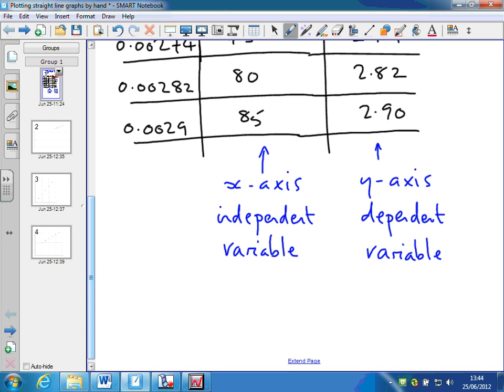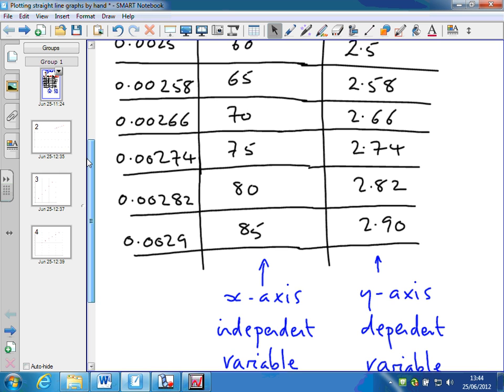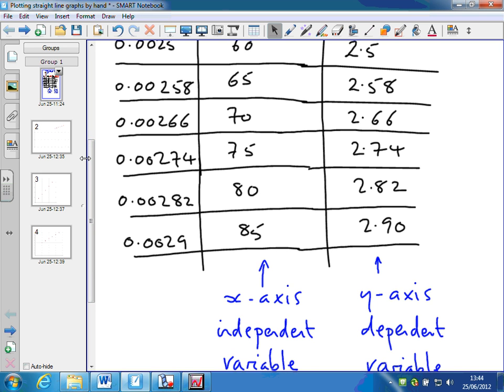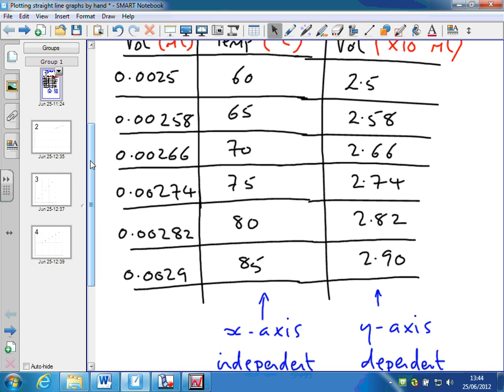The size of the volume depends on the temperature, so that's the dependent variable. Now I'm going to plot these values, and so I've got to set my scales. So I've got to set a scale so that I go up to 85 degrees centigrade and up to 2.9 for the volume.